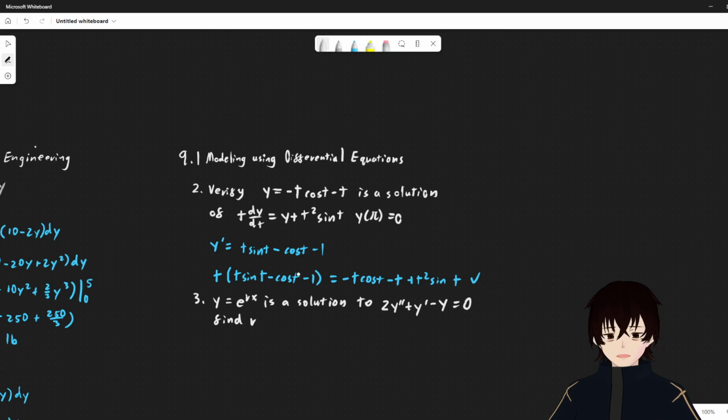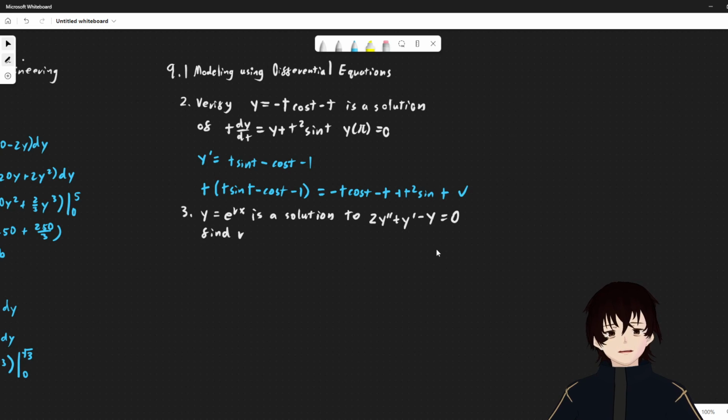Find r. Okay, I think I understand this one.